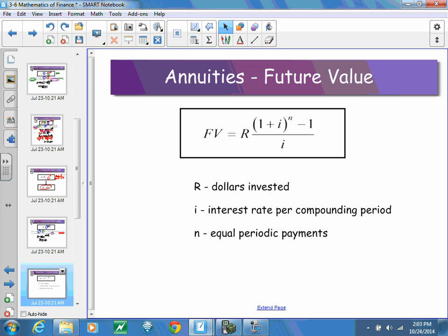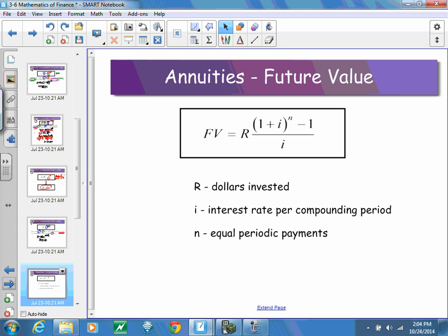If you were going to have something in an account at 10% compounded quarterly, we would have to take that interest rate and divide it by 4. And then N is the number of equal periodic payments, how many payments are going to be made. If it's compounded quarterly and it was going to be 10 years, we would take 4 times 10 to get 40.